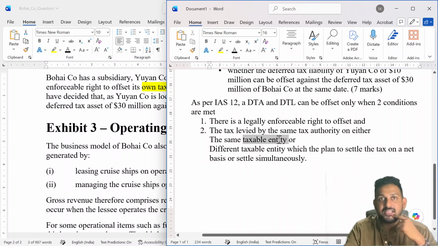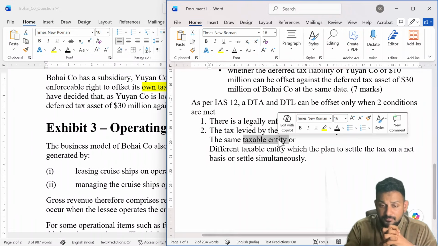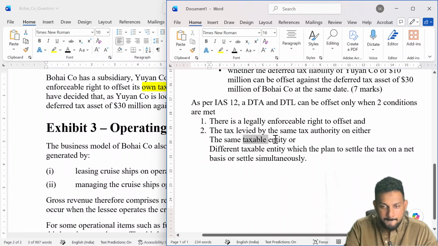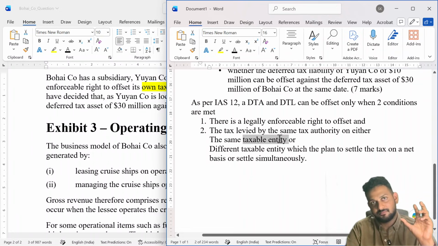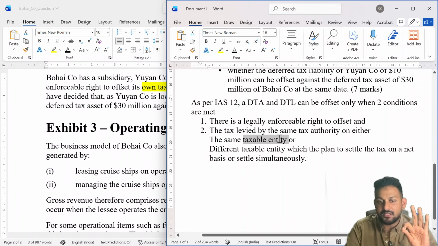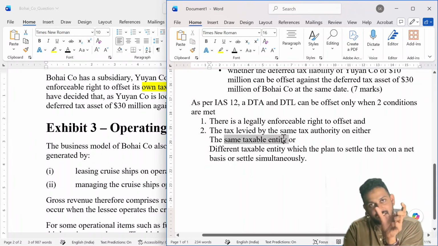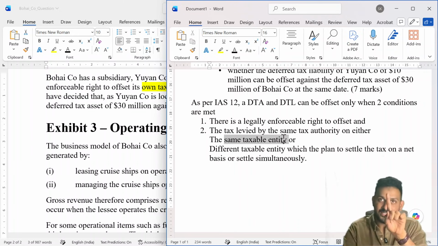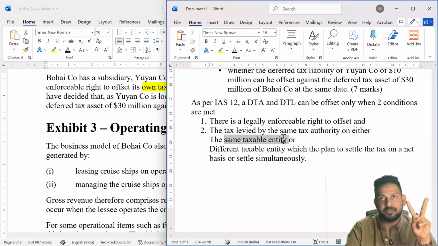What is the same taxable entity? Parent and subsidiary will be the same taxable entity when they pay the tax together. That means in the eyes of the tax authority, both companies are taxed together and considered as a single company, not two companies.